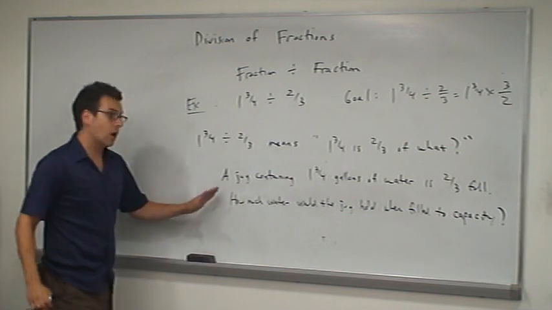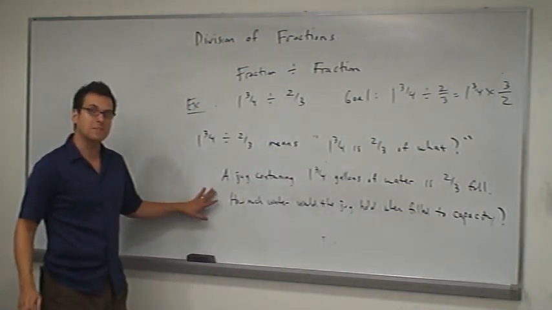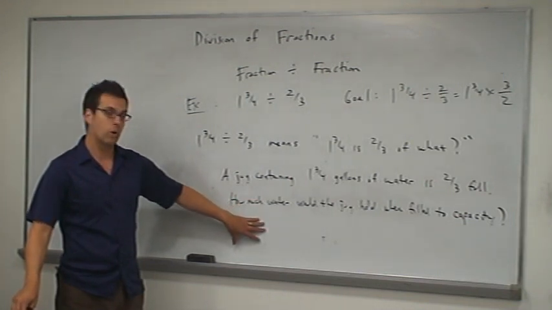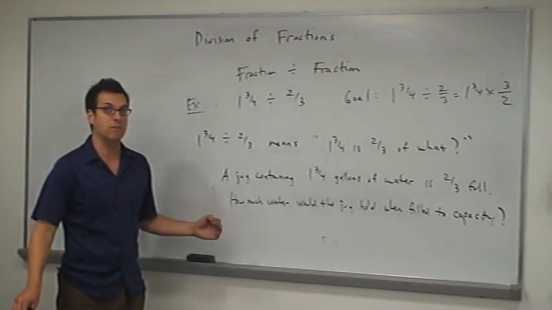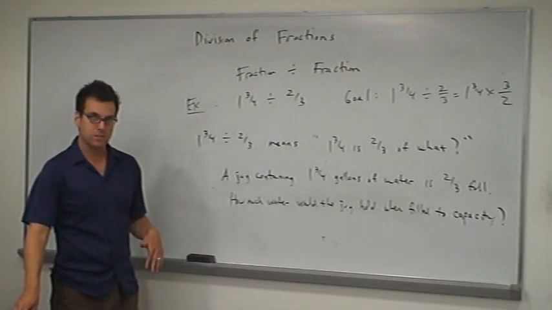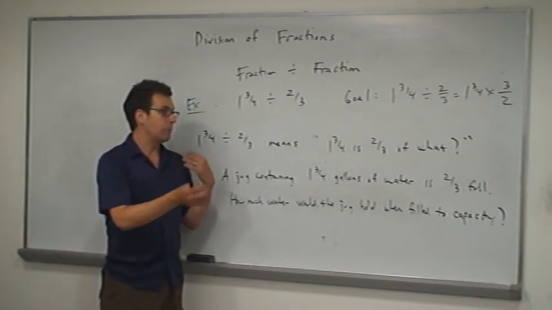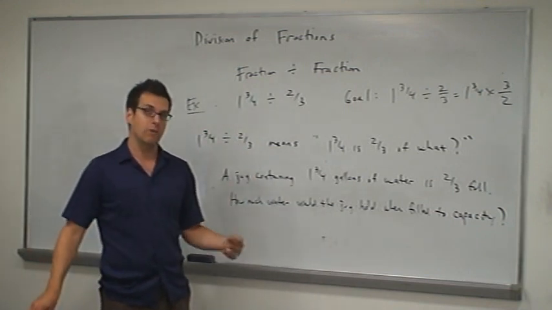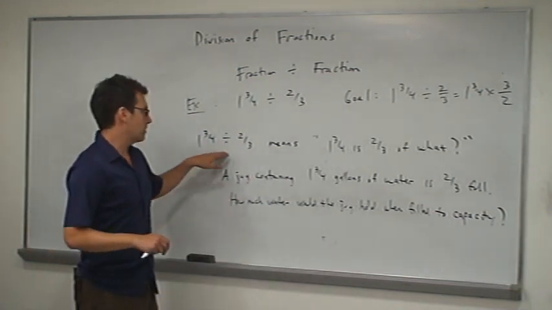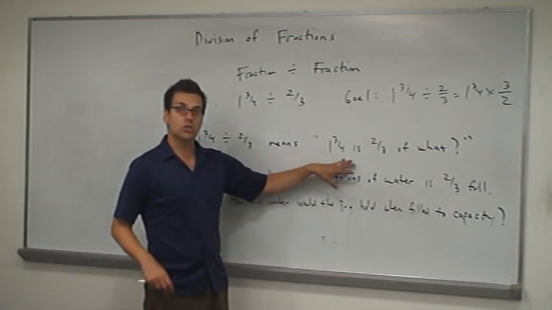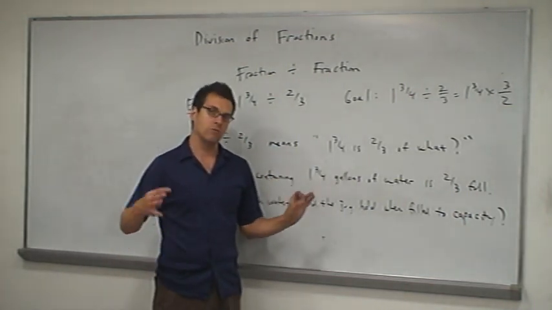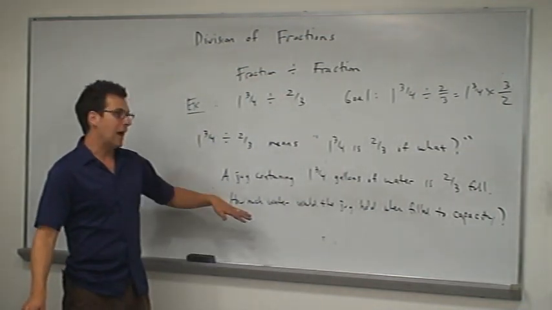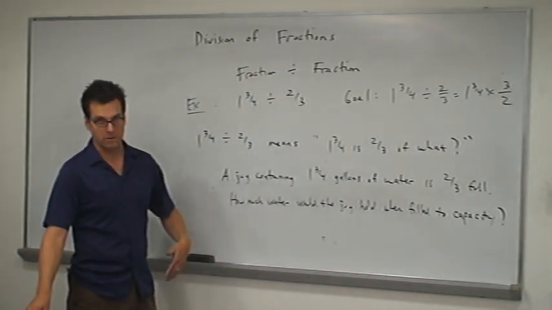Now, if you just start by stating a problem like this, it is not very clear that the correct arithmetic needed to solve this problem is 1 3/4 divided by 2/3. It takes quite a bit of thought, actually, to get to that point. If we kind of flip it around like we did here, though, and kind of start with a partitive division perspective and remind students that 1 3/4 divided by 2/3 is interpreted as 1 3/4 is 2/3 of what, then perhaps the students themselves could come up with an example of a word problem that corresponds to 1 3/4 divided by 2/3.